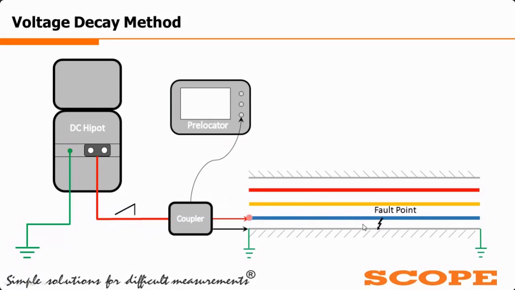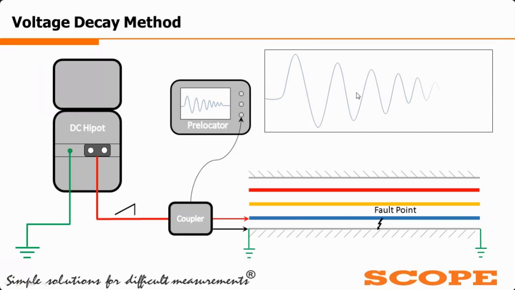These voltage transients are captured by the voltage coupler and reflected on the prelocator screen. By placing the cursor between these successive transients, we can easily prelocate very high resistance type faults.